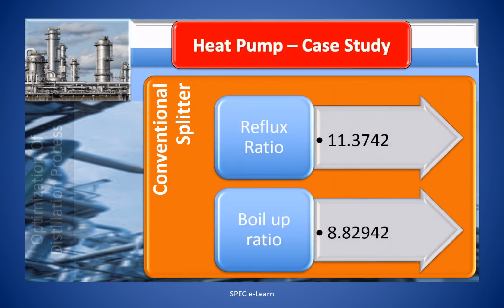The reflux ratio for the conventional splitter is 11.37. That is the reason why high boil-up ratio is needed. The boil-up ratio for the present case is 8.83.